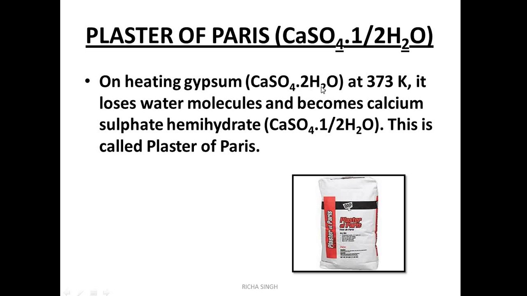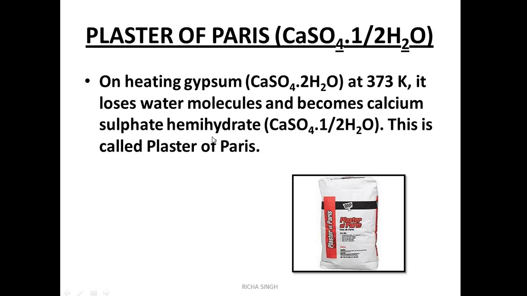It is also known as calcium sulfate dihydrate. At about 373 Kelvin it is heated. So what will happen? It will lose water molecules and become calcium sulfate hemihydrate, that is CaSO4·½H2O, and this is known as plaster of Paris.